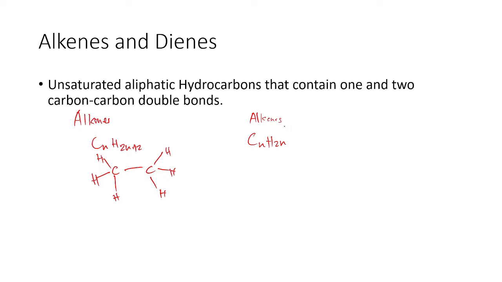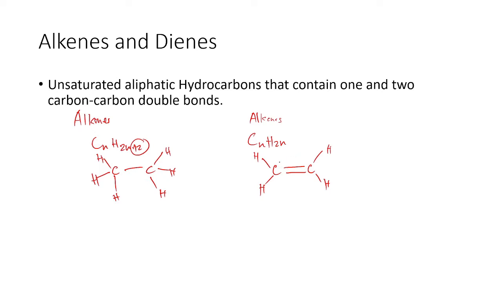But alkenes are characterized by a double bond. So for ethene, we will only have two hydrogens here and another set of two hydrogens here. So that is where the missing plus 2 went.